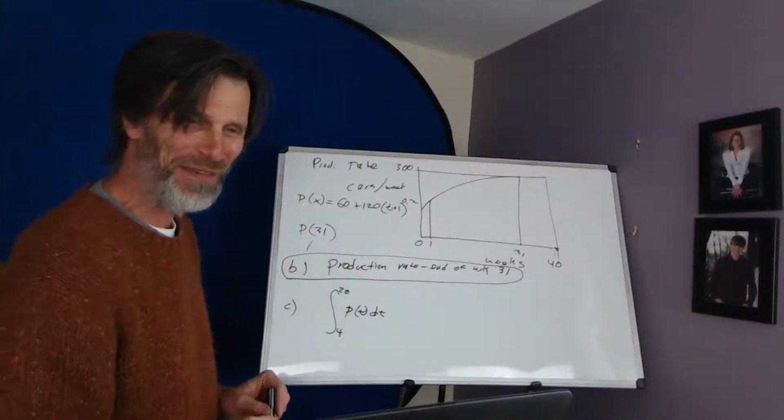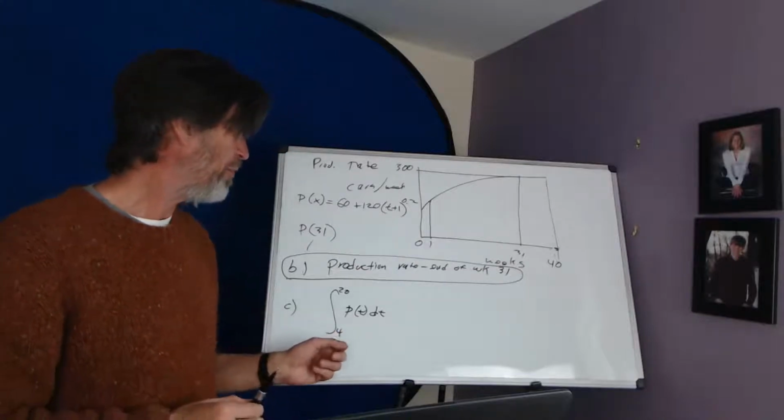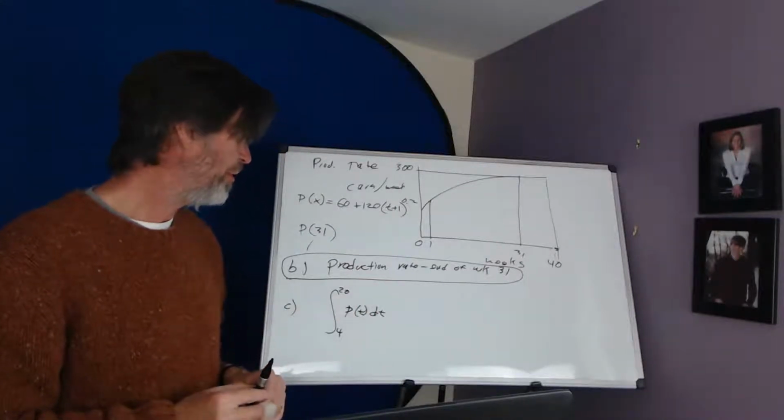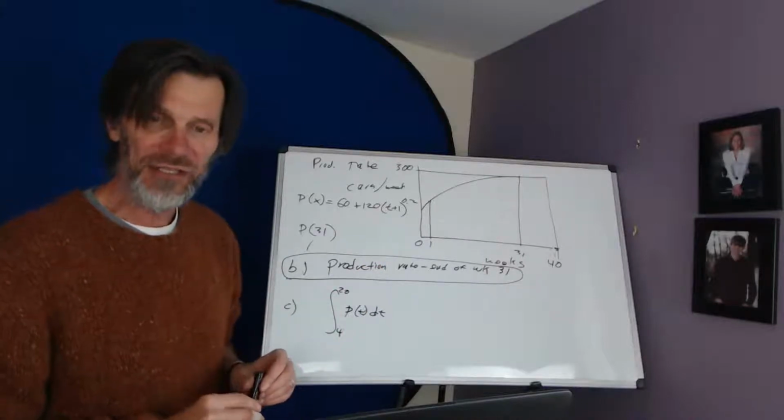Not exactly a sentence, put it in sentence form. So what do we have for part C? Either what does this represent as far as the graph is concerned, or what does it represent as far as our production of vehicles is concerned?